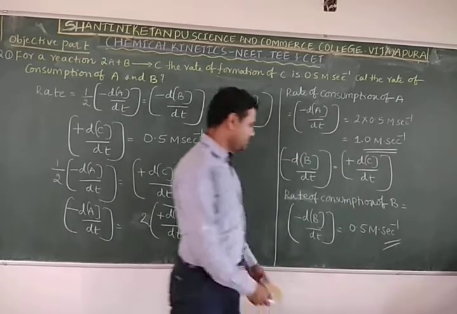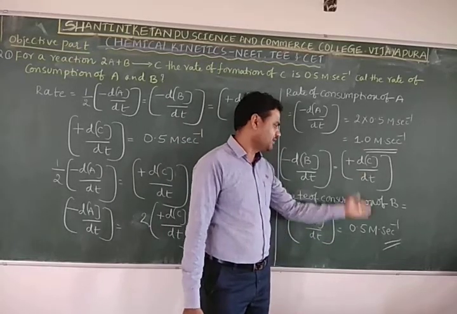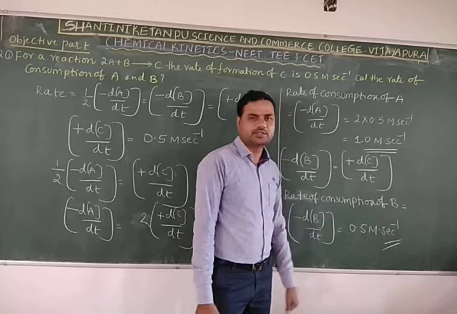Therefore, the rate of consumption of B is 0.5 moles per liter per second, because I am substituting the value that is already given.